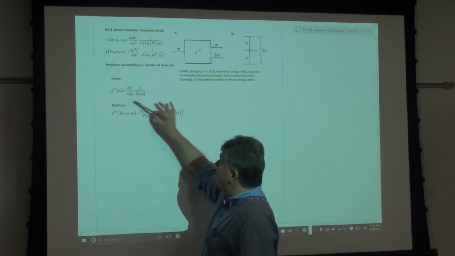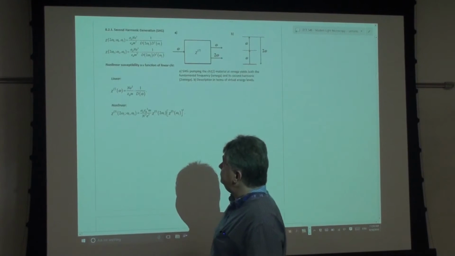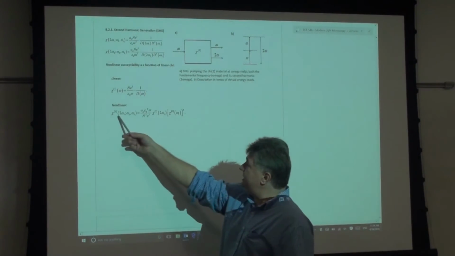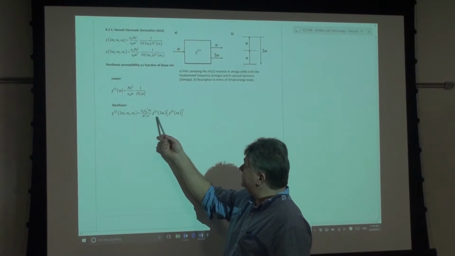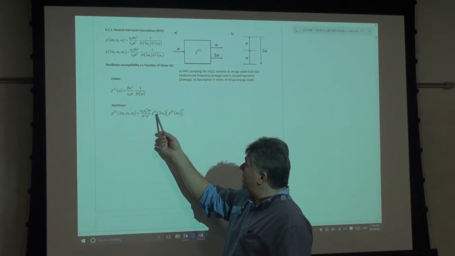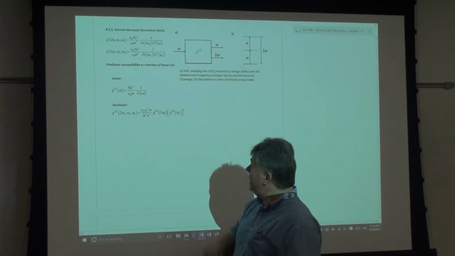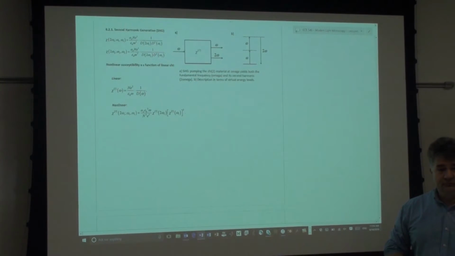And chi 1, just to refresh, is simply this one. So another way to look at this is to say that chi2 is actually proportional, this is the proportionality constant, proportional to chi1 at 2 omega, and then multiply with chi1 at omega squared.